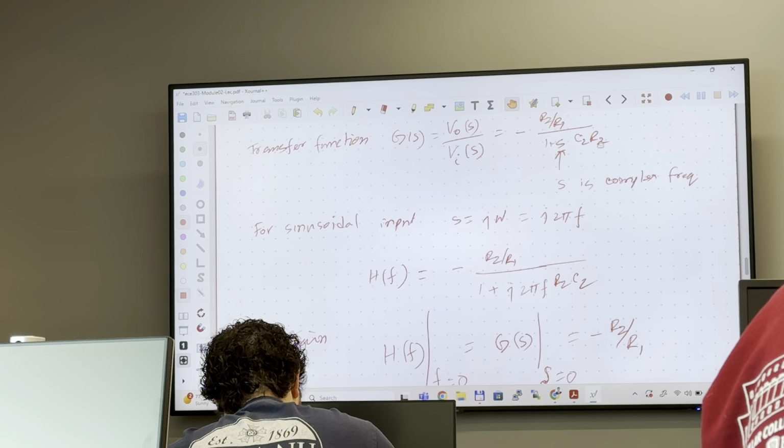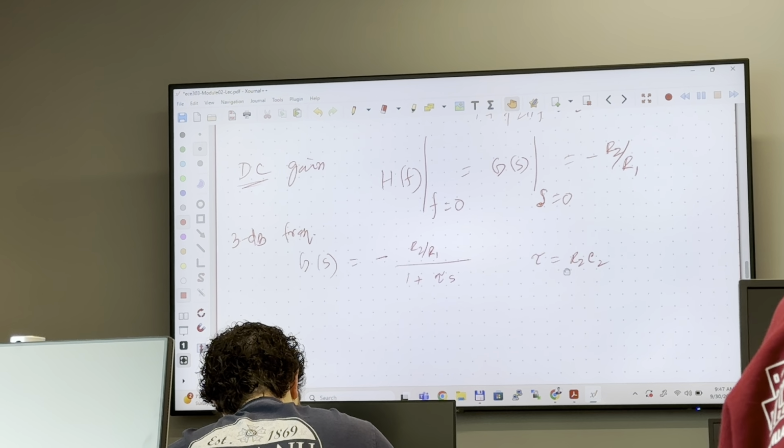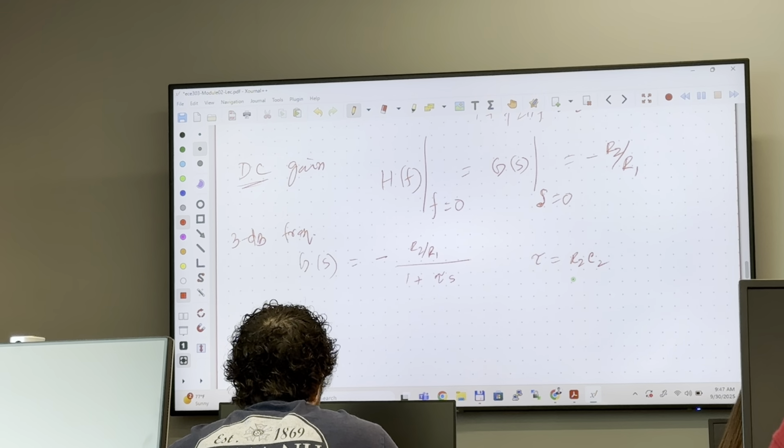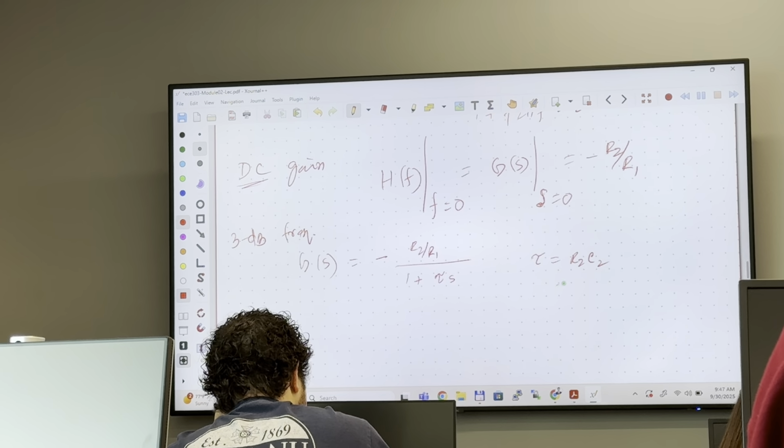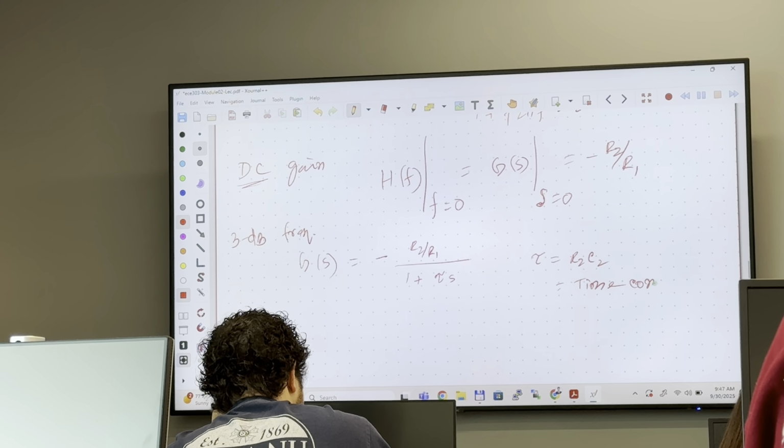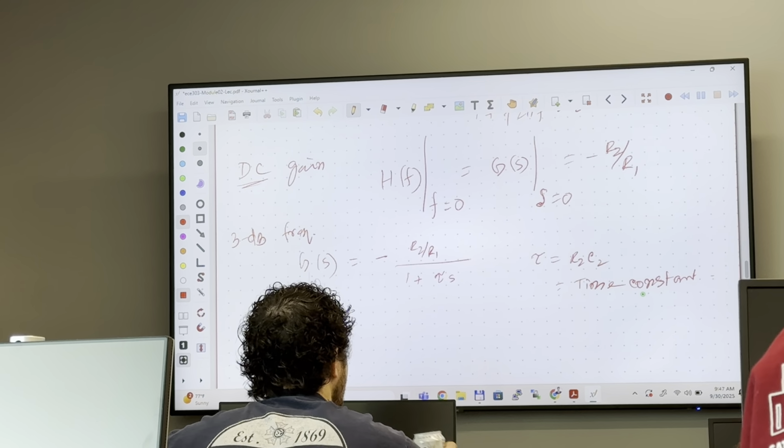This tau is called the time constant, and it is useful for transient analysis.